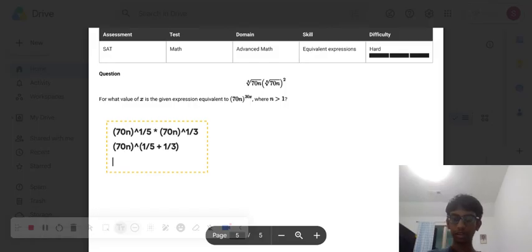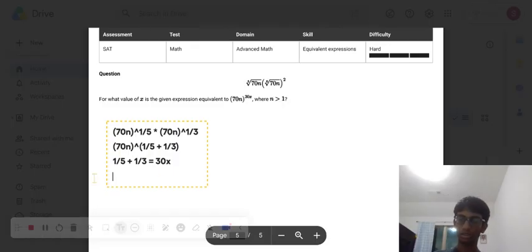Based on this, we can see that 1 over 5 plus 1 over 3 should be equal to 30x, because 70n to the 30x should be equal to this. Finding a common denominator, we get 8 over 15 equal to 30x.